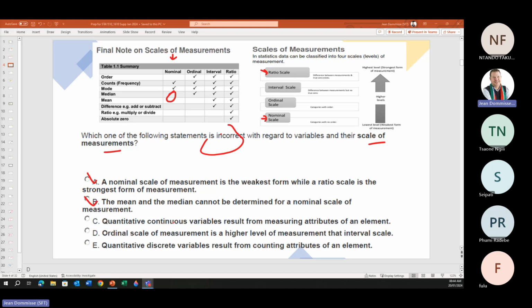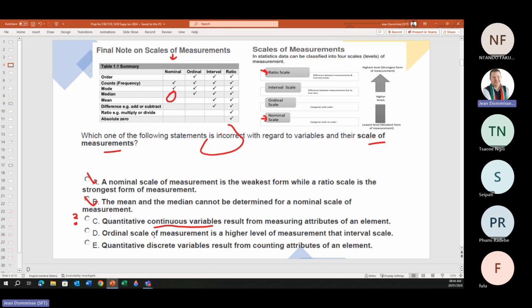Quantitative continuous variables result from measuring attributes of an element. Now they've thrown in the previous question as well. I'm not 100% sure yet, so let's look at the other two, and we might then relook at that one.